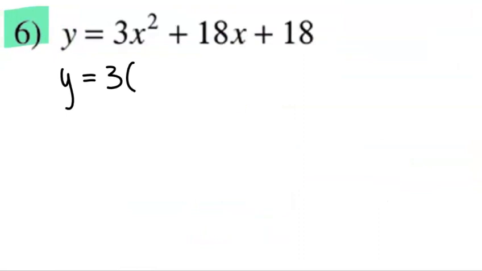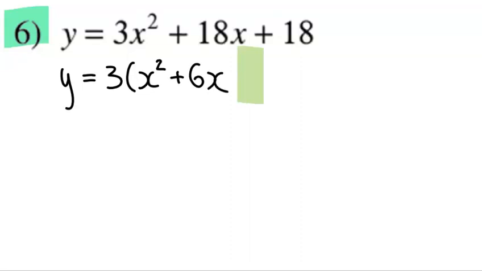Again, I start by pulling out the common factor 3. I say common factor, but honestly, it's not always common. Sometimes you'll get a random fraction here, and that's fine. We're still going to do it. So here we have 18 divided by 3, which is perfect. That gives us 6x.